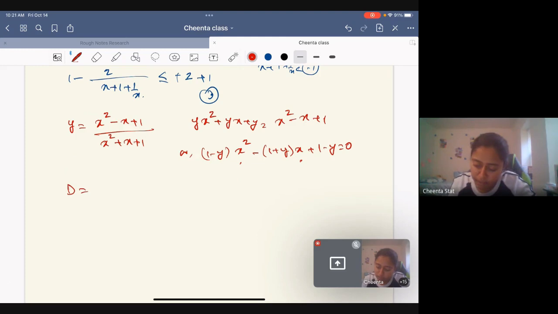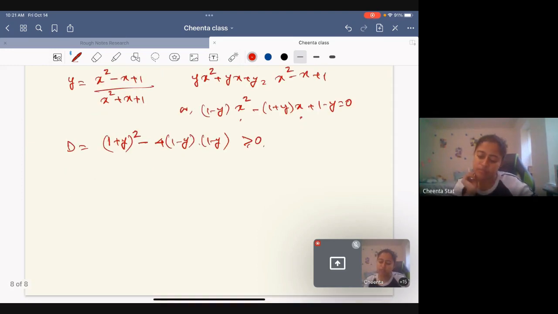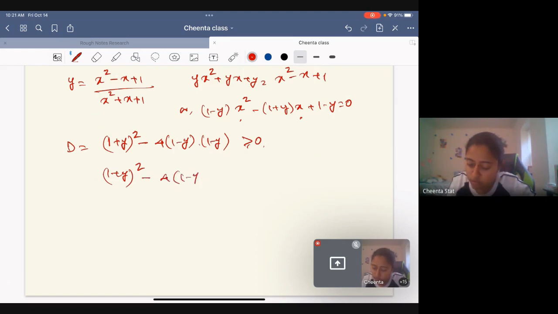Discriminant is b squared minus 4ac: b squared minus 4 times (1 minus y) times (1 minus y). This should be greater than or equal to 0. So that is (1 plus y) whole squared minus 4 (1 minus y) whole squared, greater than or equal to 0. So this is the a squared minus b squared form.